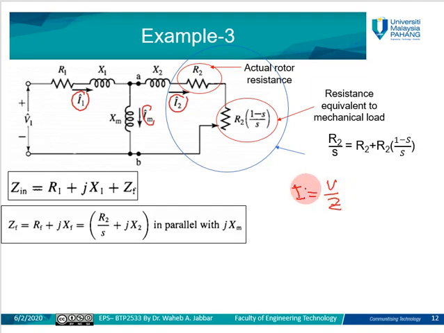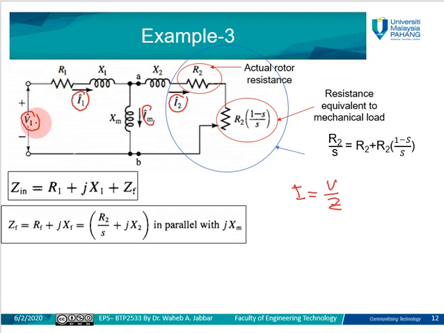Okay, so in order to find the current I1, it will equal the voltage V1, which is the phase voltage of the induction motor, over the total impedance of our circuit.